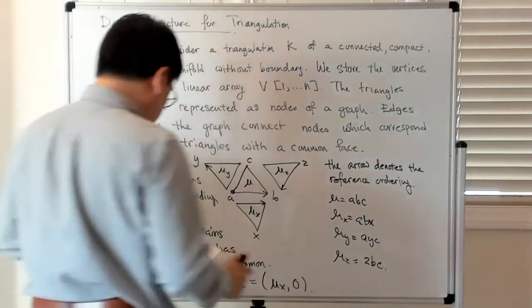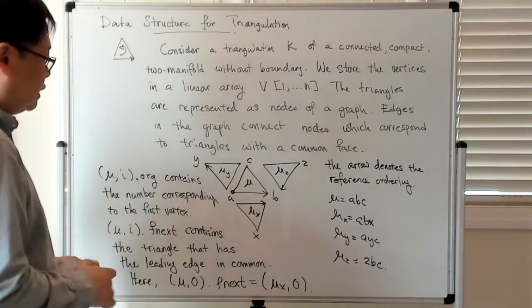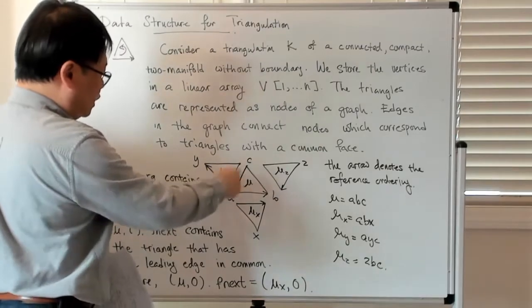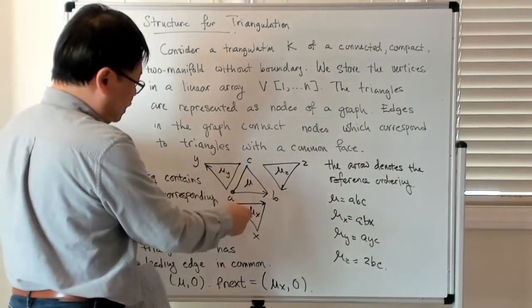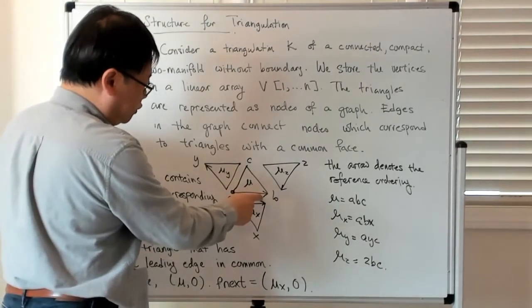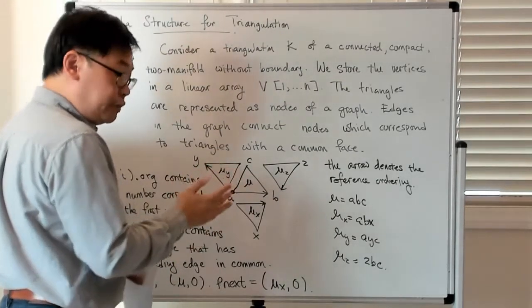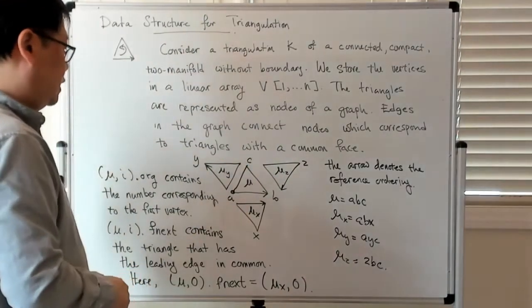Okay, so this representation is in some sense redundant. It's clearly redundant because every particular ordering is only going to contain the adjacent triangle which shares that common edge, so you would need 3 of them to represent the 3 adjacent triangles.